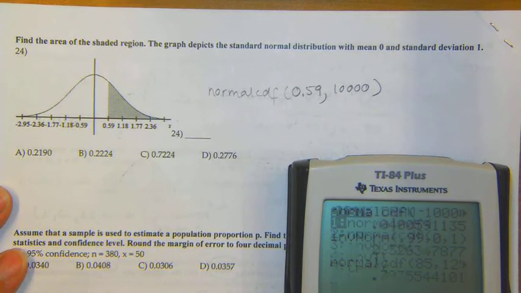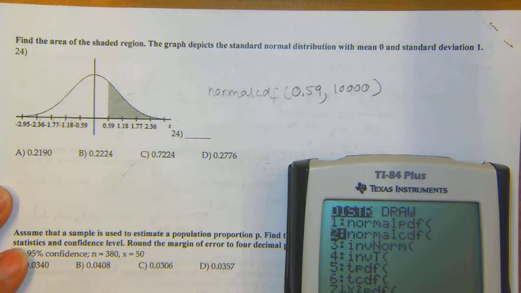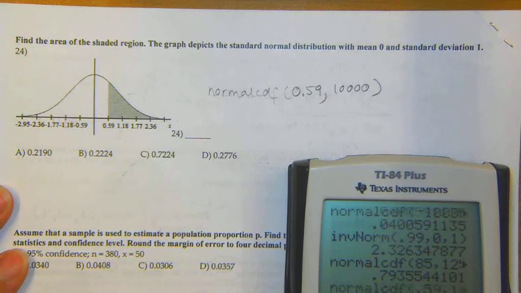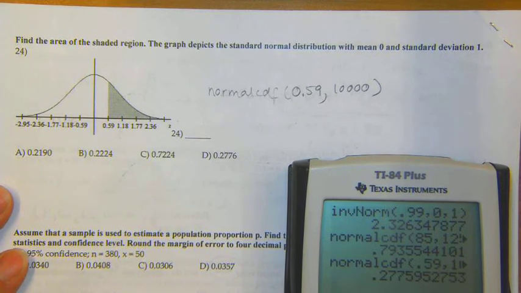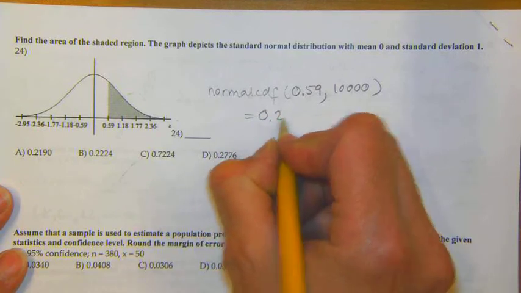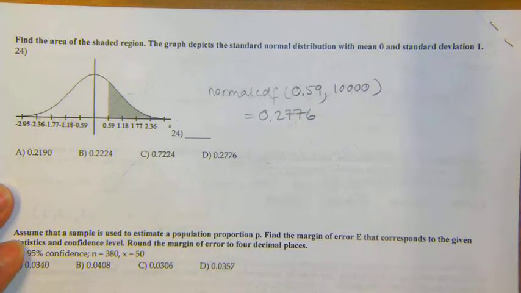So second bars, normal CDF, going from 0.59 to 10,000. And our mean is 0, our standard deviation is 1, hit enter, and we have an area of 0.2776 rounded to 4 decimals.